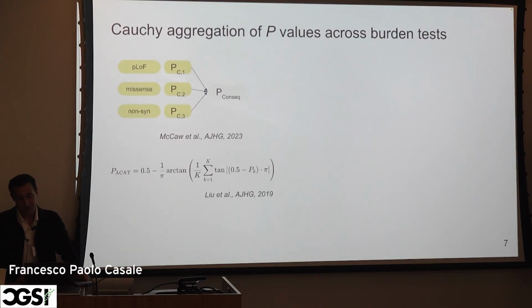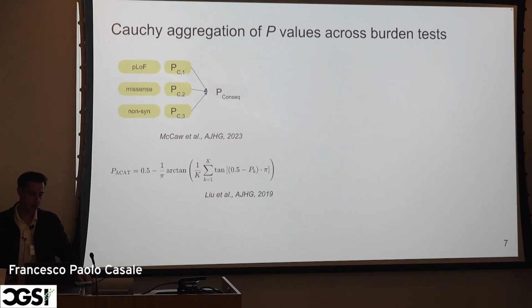So what people have done to integrate this is at the meta-analysis level. You can compute different burden scores for different annotations, then get a p-value, and then use Cauchy aggregation of p-values to merge these tests into a unique one.